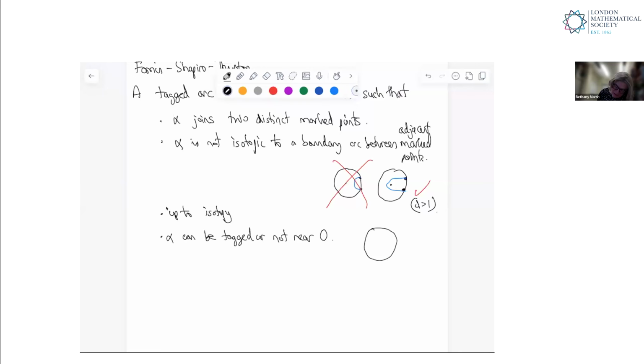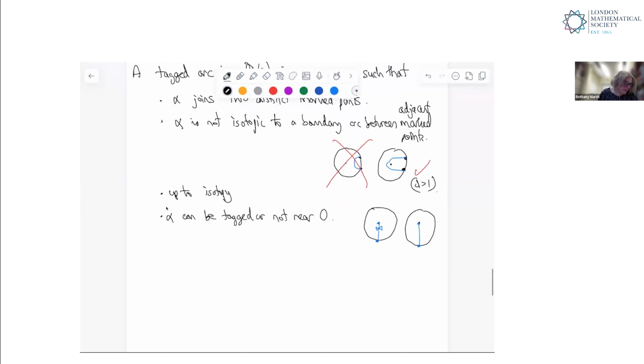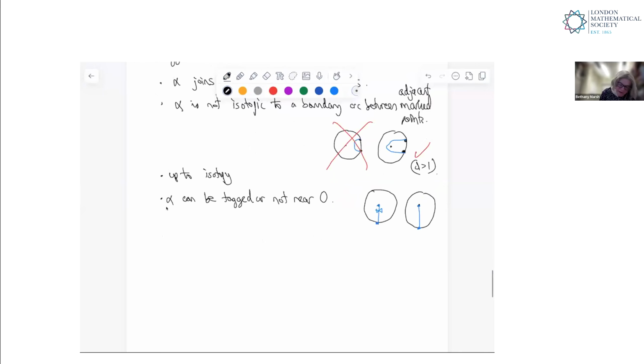But in this case, there would be two versions of this arc here. So that arc could either exist with or without a tag at the origin. Okay, so mod alpha means the untagged version, so remove the tag if there is one.